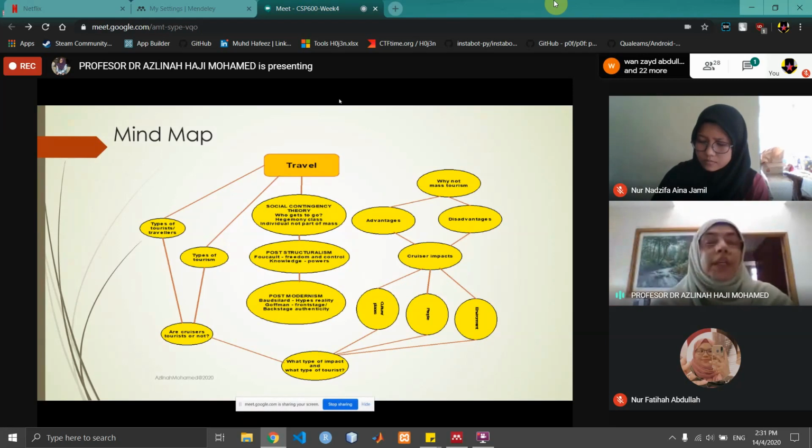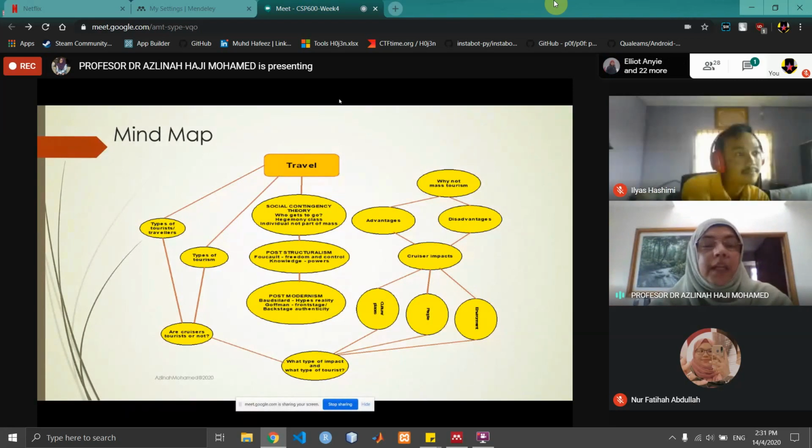What are the types of theory that are available that help traveling? And then they talk about post-structuralism, they talk about post-modernism. These are all the methodologies or theories that are available. And then they look at how people are being connected through travels, methods of types of travelism.